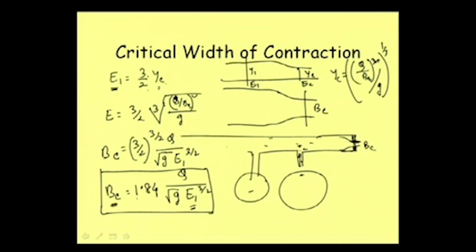So, when we know the width of the section here upstream, B1, then we can calculate, as we know the Q, we know the Y. So, we can calculate E1, and then we can see Q is known. So, we can calculate all this part, and then we can see what should be our BC.